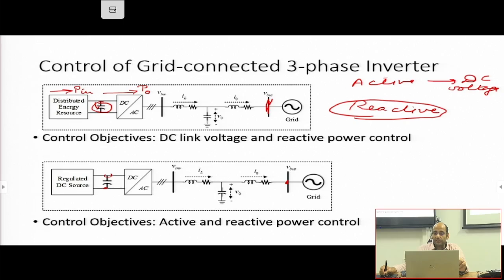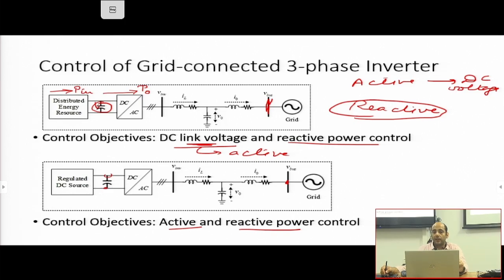One control objective is to control the DC voltage and reactive power. Other could be to control the active power and reactive power. But the philosophy would remain the same, because this DC link voltage is related to active power only, because the active power change will affect the voltage, correct? So your control objective would be to control either the DC link voltage or the active power, along with the control of reactive power.